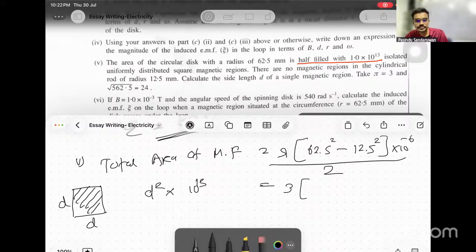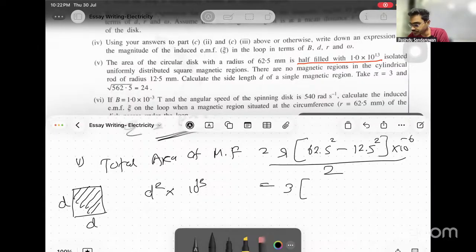62.5 squared minus 12.5 squared. Here 12.5 is common, or else we can write it as the square of 2.